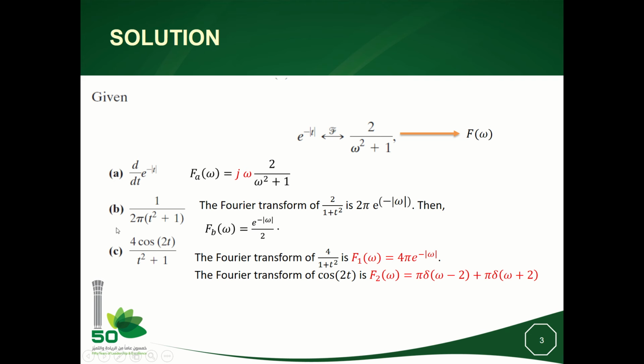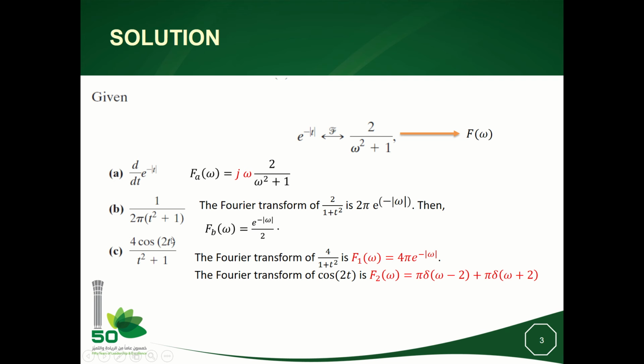The Fourier transform of f1 of t times f2 of t will be 1 over 2 pi F1 of omega convolution with F2 of omega.